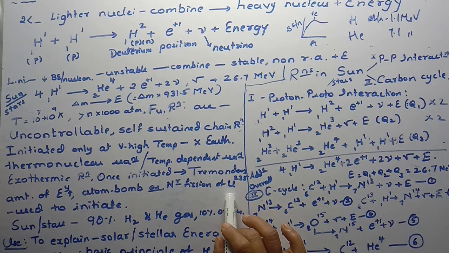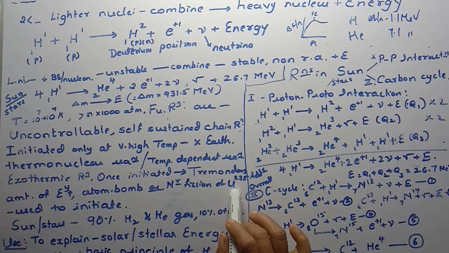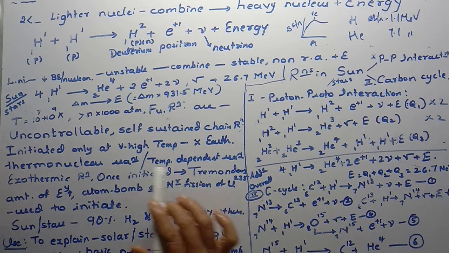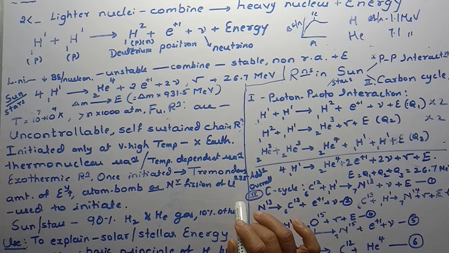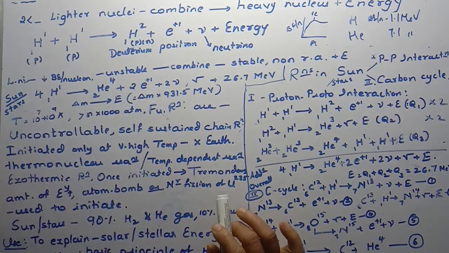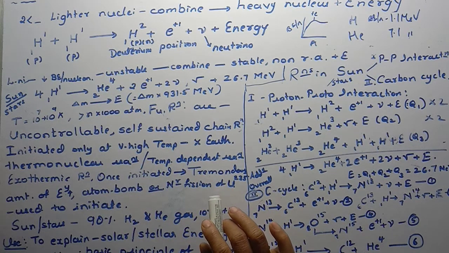When such fissile materials are subjected to nuclear fission, the amount of energy liberated, that heat energy, is in the range of 10 raised to 7 to 10 raised to 9, and that energy is able to initiate the nuclear fusion reaction.